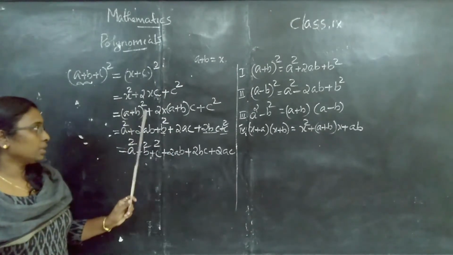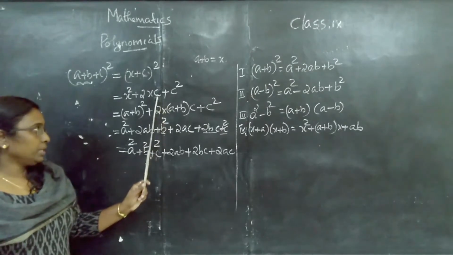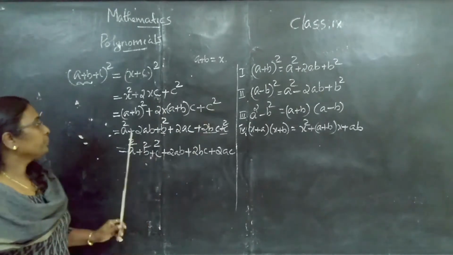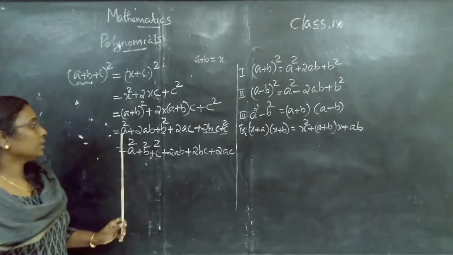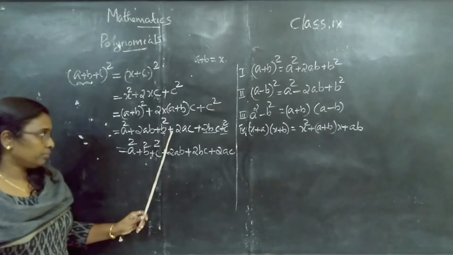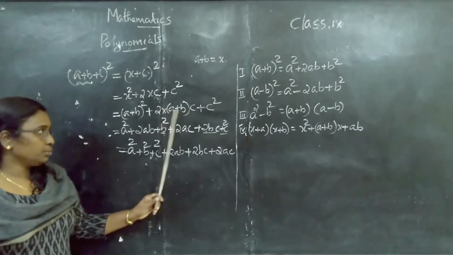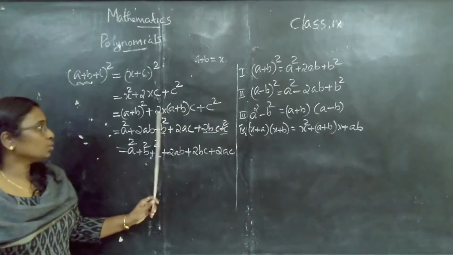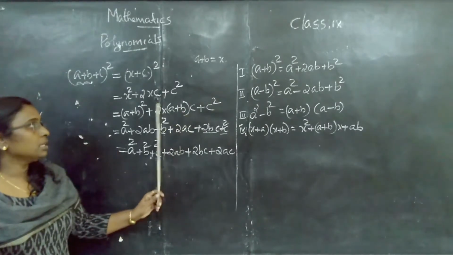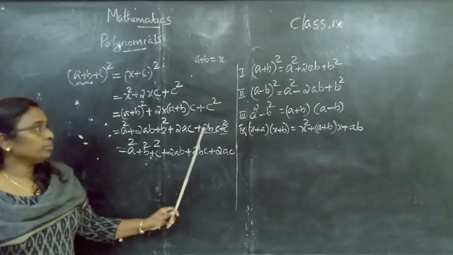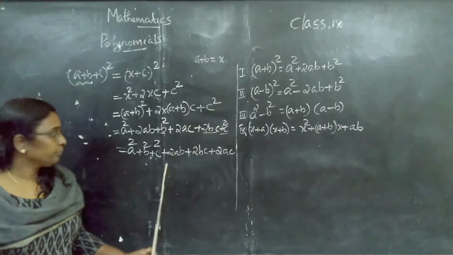So, (a plus b) the whole square plus 2 into (a plus b) into c plus c square equal to a square plus 2ab plus b square plus, we multiply 2c with (a plus b), so 2ac plus 2bc plus c square.